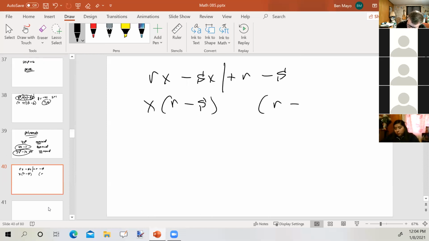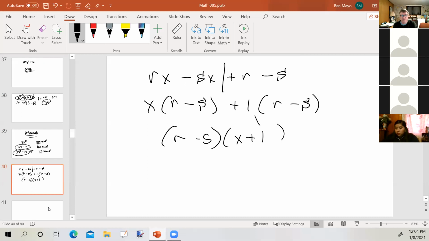So over here, we should hopefully have a remainder of r minus s, and we could take out a plus 1. Now, technically, I could write just plus that quantity without the 1 there, but I want to put it there to remind me that in this step, I need that 1. I've got to leave that trail of breadcrumbs to get back out of the woods. Remember Hansel and Gretel kind of thing there? All right.